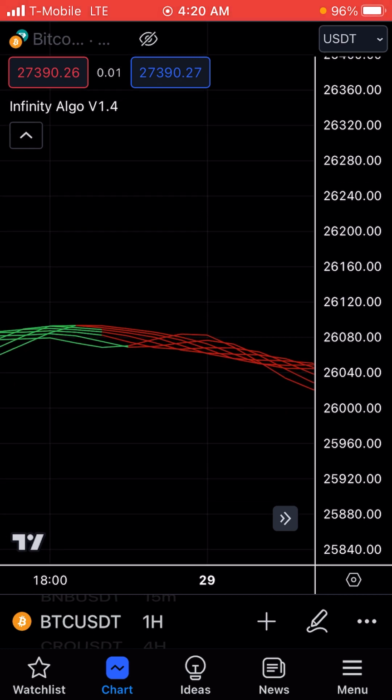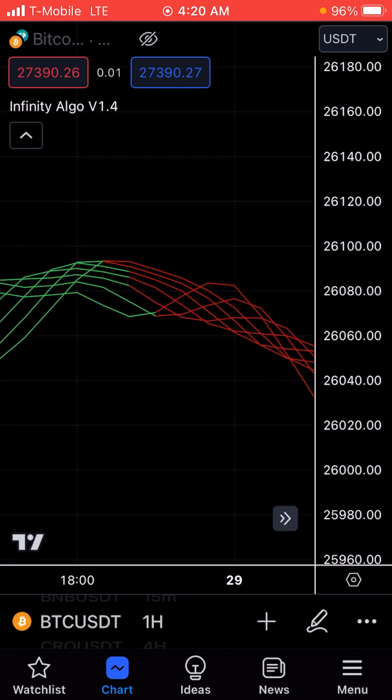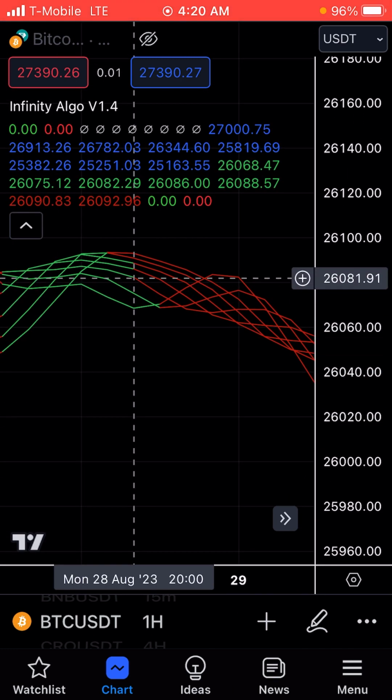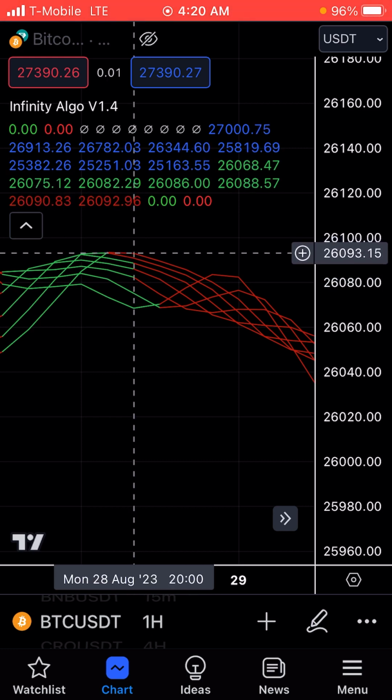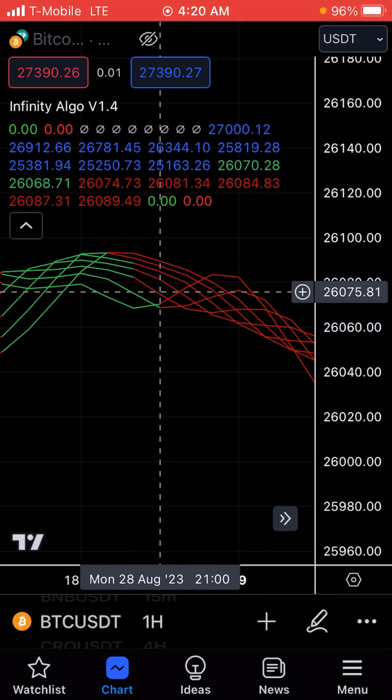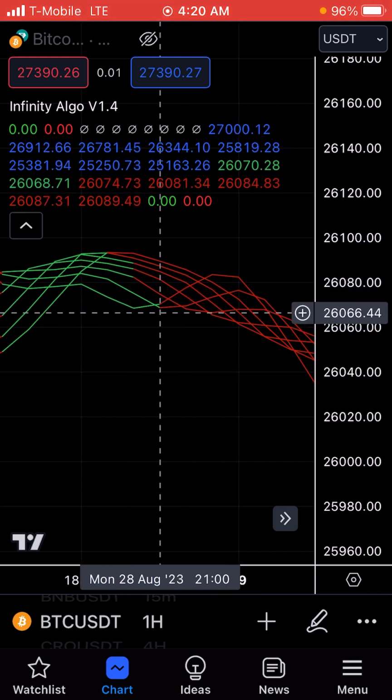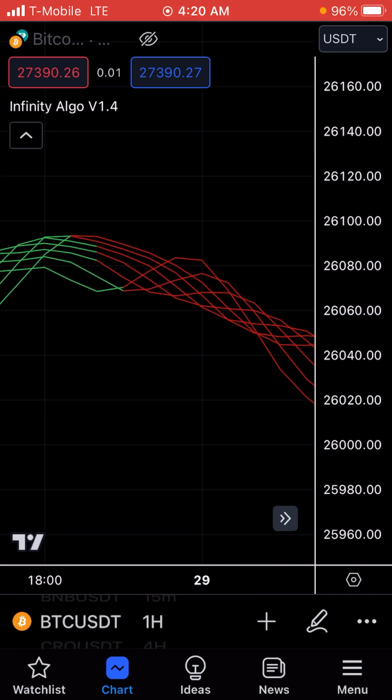What you want to look for really to get into a position is when you see it happening on one of the lines here, but then right around here when you start seeing all of them turning into that color, that's the time to get in, in my opinion.